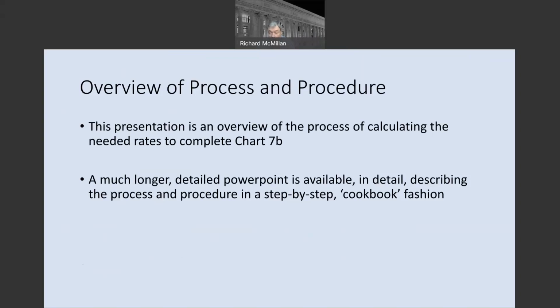Quite frankly, it's too long and too complex for a presentation of this nature, but it will be provided to you for your review. If you need a step-by-step cookbook specification of the procedure, it will be provided. But again, this presentation is effectively an overview of that longer PowerPoint, which can be used to dig deep into the procedure and its details.